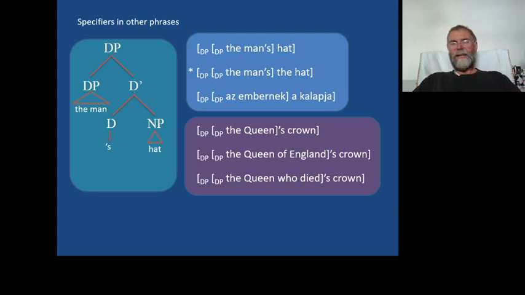So the actual analysis we end up with is, as we can see here on the left-hand side now, the man is sitting in the specifier position. The head of this phrase is the possessive determiner, s, and it has a complement NP.